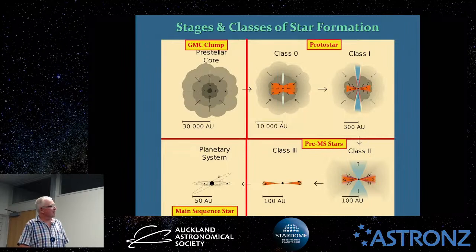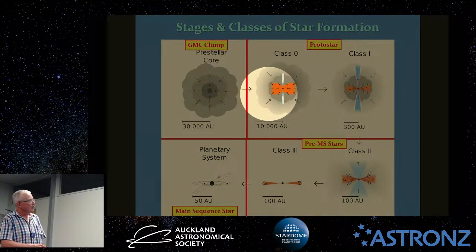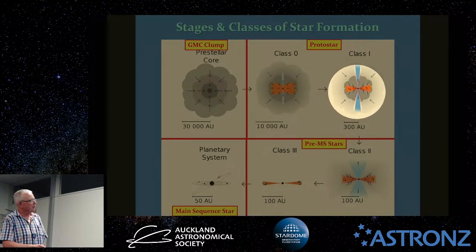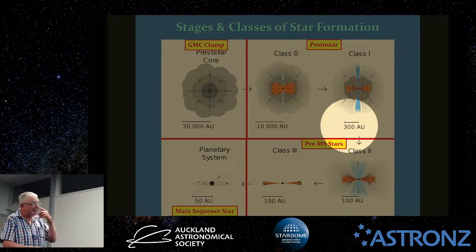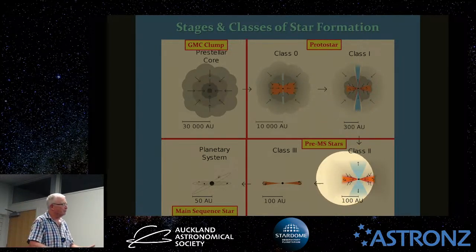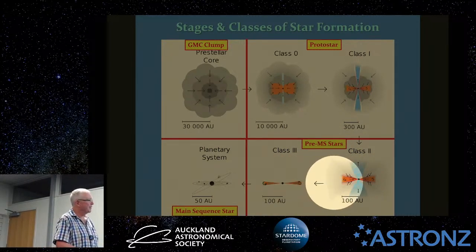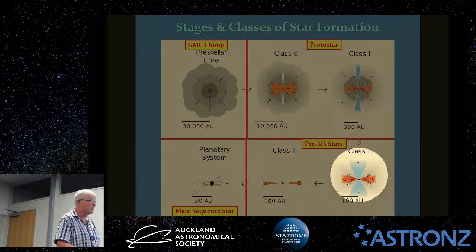Okay, this is recapping the diagram that I had earlier on. So here's your clump. It's a protostar still enshrouded with cloud, but you can see the disk forming and the jets forming. That provides a very important mechanism to allow more mass to accrete. Now you're getting into pre-main sequence stars, and notice the size is coming down here. You're getting down to 100 astronomical units, getting close to a solar system sort of size.